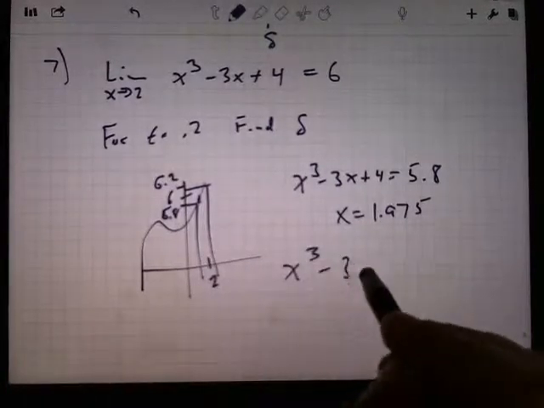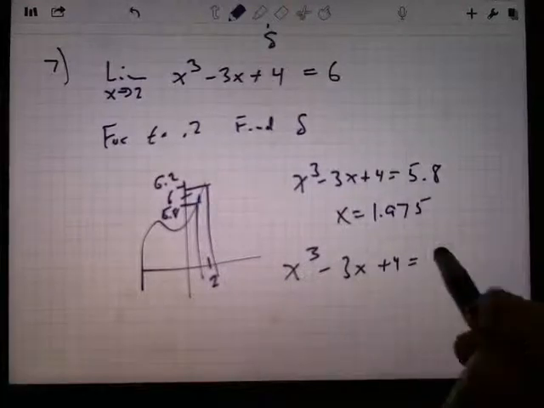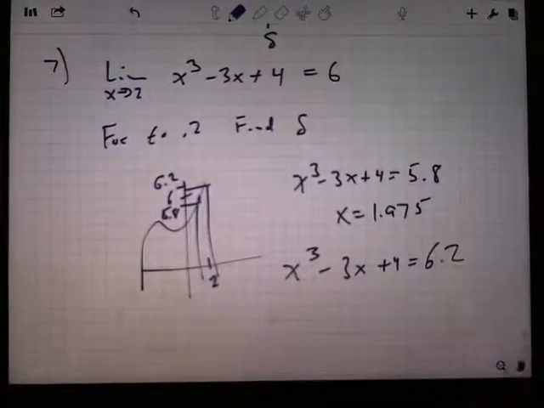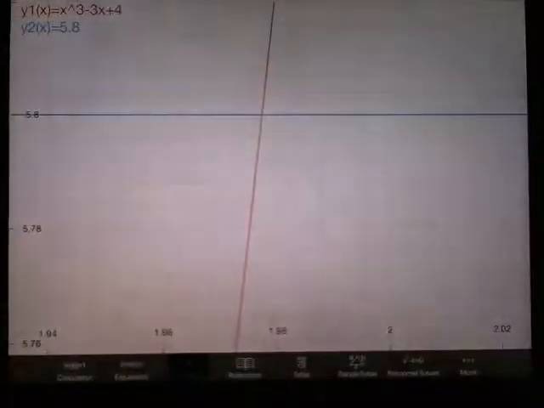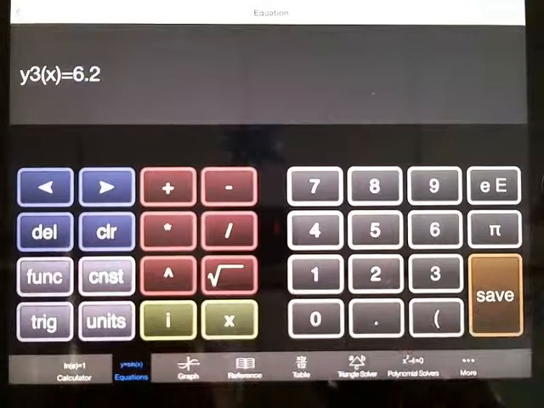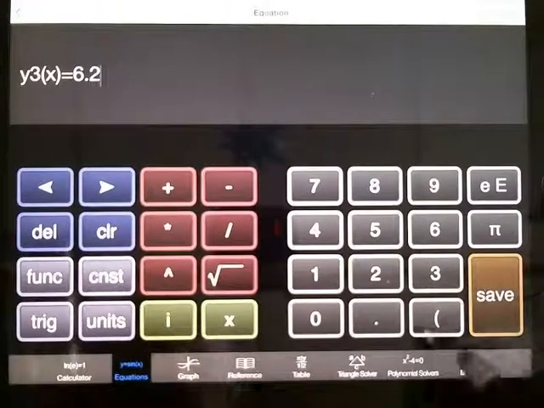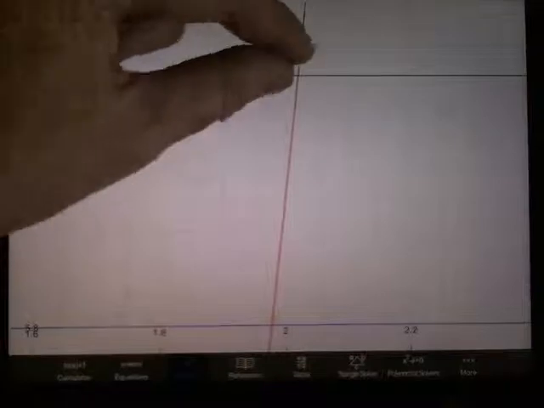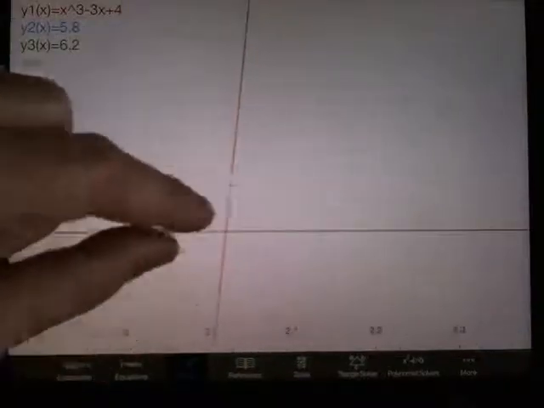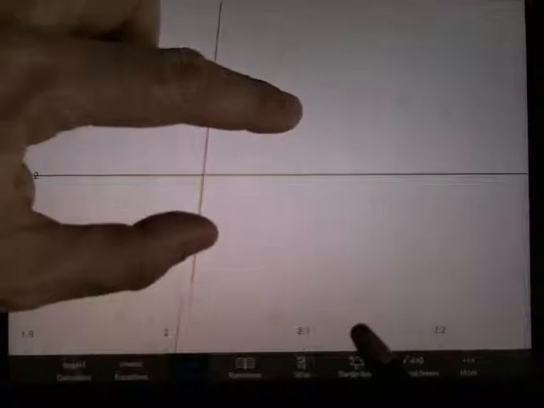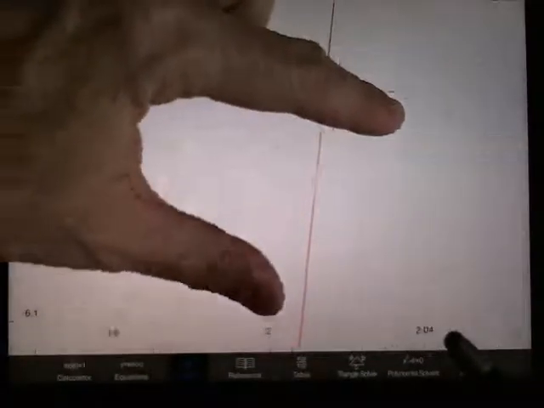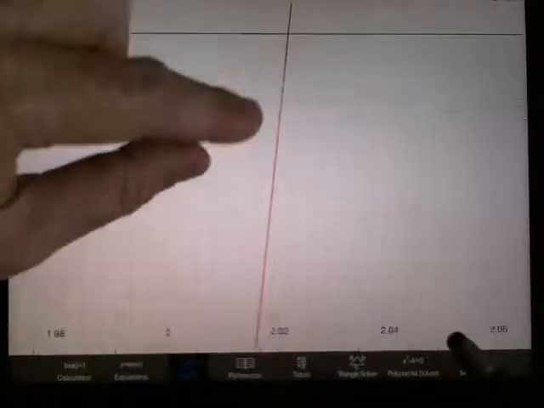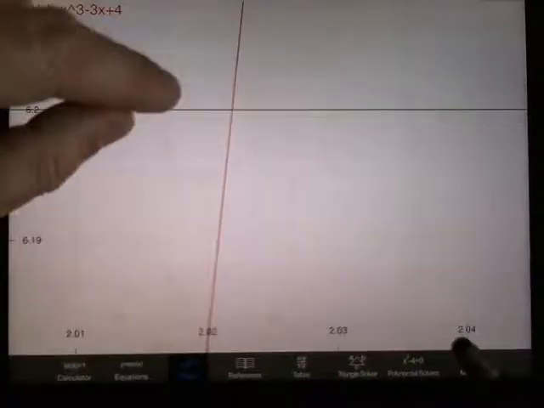Now I want to do the same thing here. x cubed minus 3x plus 4, when is that equal to 6.2? So back over to my equations. Let's also look at 6.2 and save that. Go to the graph, zoom out some. Now I want to look at this point where it's 6.2, where my red graph is crossing over. Zoom in. This is a really goofy zoom, but there we go.